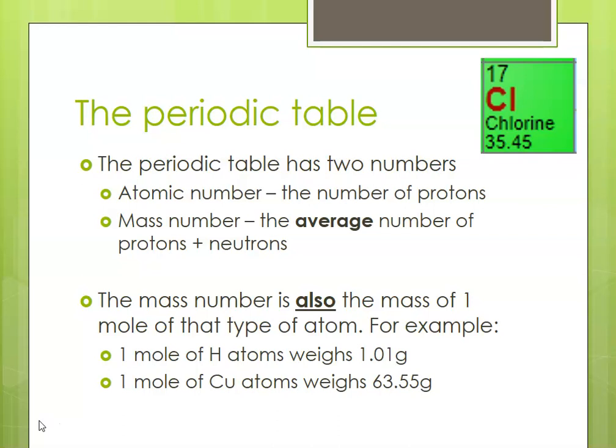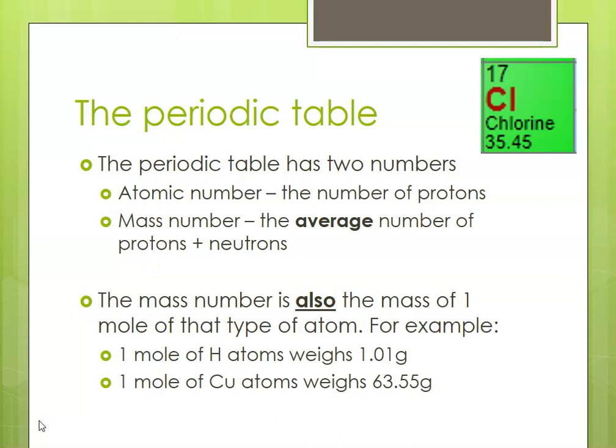So if I have 1 mole, 6.022 times 10 to the power of 23 chlorine atoms, that will weigh 35.45 grams. It is the average mass, the average number of protons and neutrons in each atom, and it's averaged because we have different isotopes, which are atoms with the same number of protons but different numbers of neutrons.